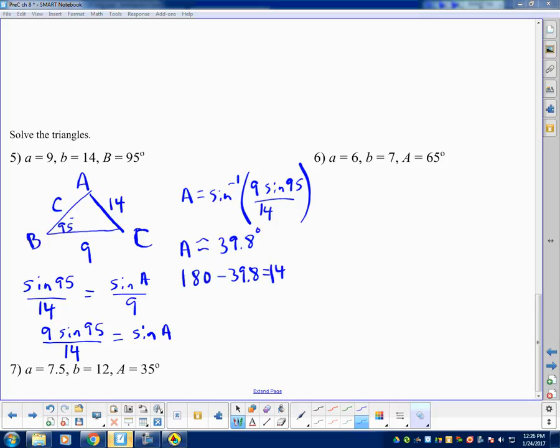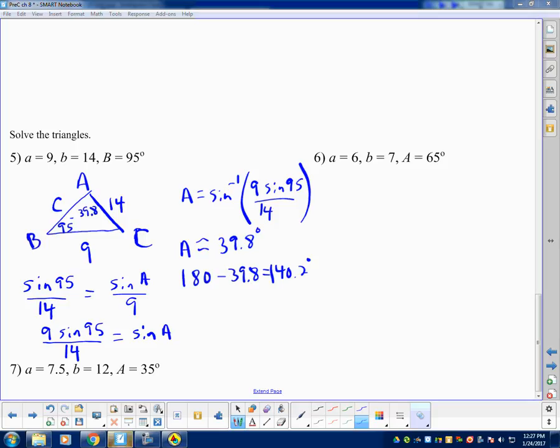And then take a step back here. Let me write in 39.8 here. If that's 39.8 and this is 95, could I have an angle of 140.2? Actually, go back here. With an angle of 95, could I possibly have an angle of 140.2? Why not?